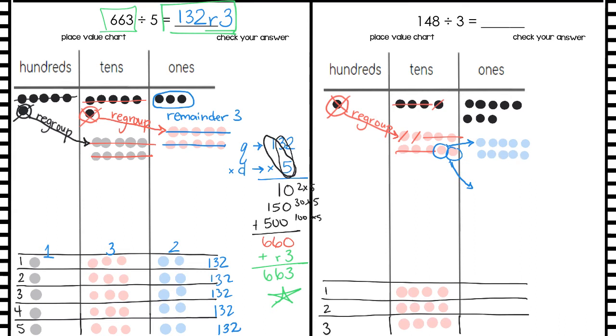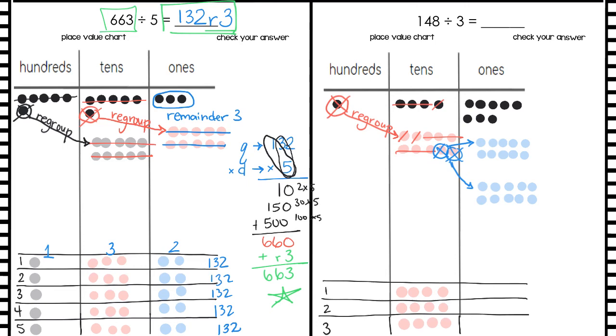And we've regrouped our first 10. Now we're going to make our second group of 10, 5, 6, 7, 8, 9, 10. And we have regrouped our second 10. Now we have 10, 20, 28. We can fit these into 3 groups.